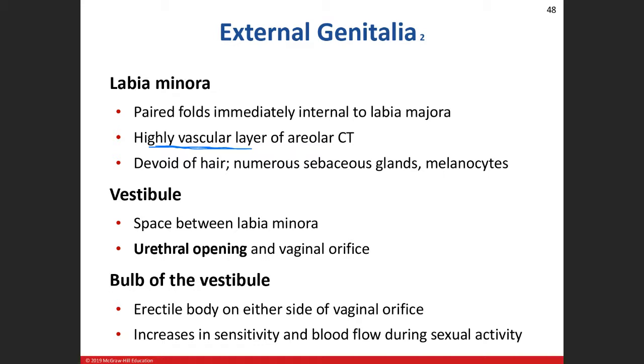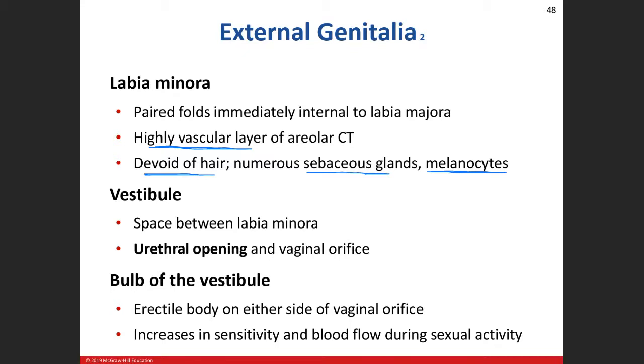But most importantly, there's no hair on the labia minora, but we will see sebaceous glands also, which is interesting because there's no hair, and we're used to seeing sebaceous glands associated with hair follicles. But we'll have melanocytes present there. So usually this tissue will be darker in color compared to the labia majora.